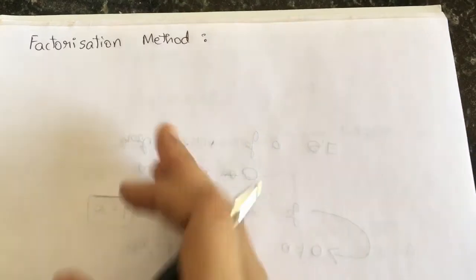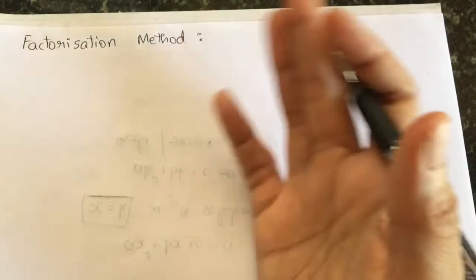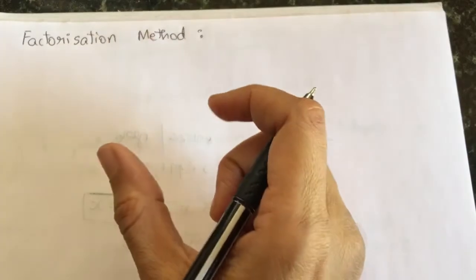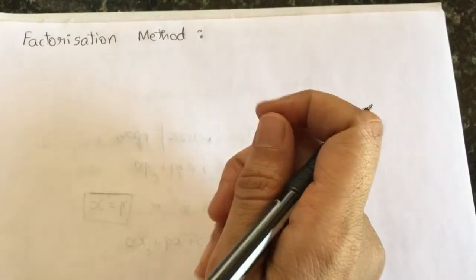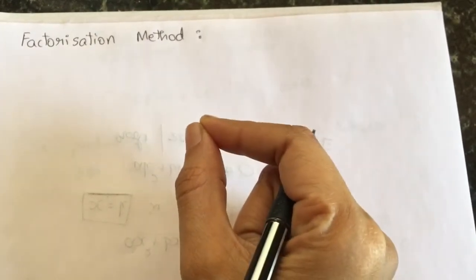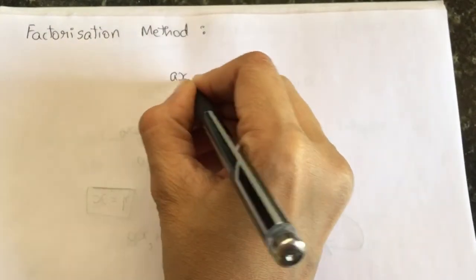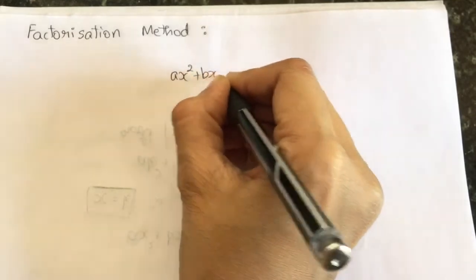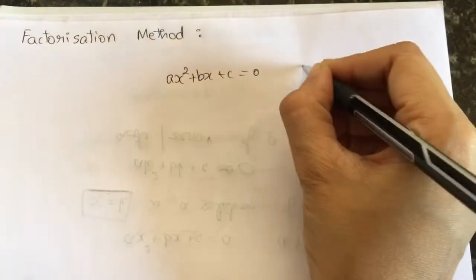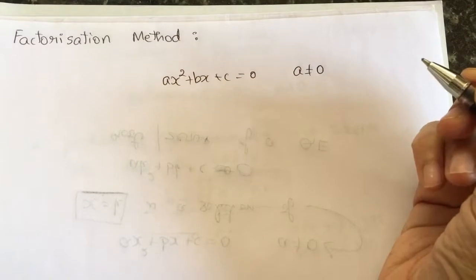As you have studied in your earlier classes, when we are given a quadratic polynomial, we can split the middle term just by looking at the coefficients. Say suppose this is the case, ax square plus bx plus c equal to 0. It's a quadratic polynomial.